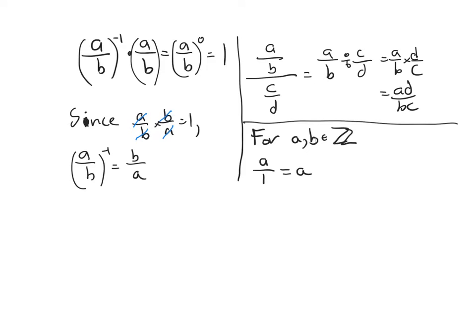So 2 over 1 is 2, negative 5 over 1 is negative 5, whatever. Also, anything over itself is 1, but you can't have 0 over 0. So let's say for a not equal to 0. And the final thing I want to say is 0 over a equals 0. So 0 over anything equals 0. Again, we can't divide by 0. So for a not equal to 0.